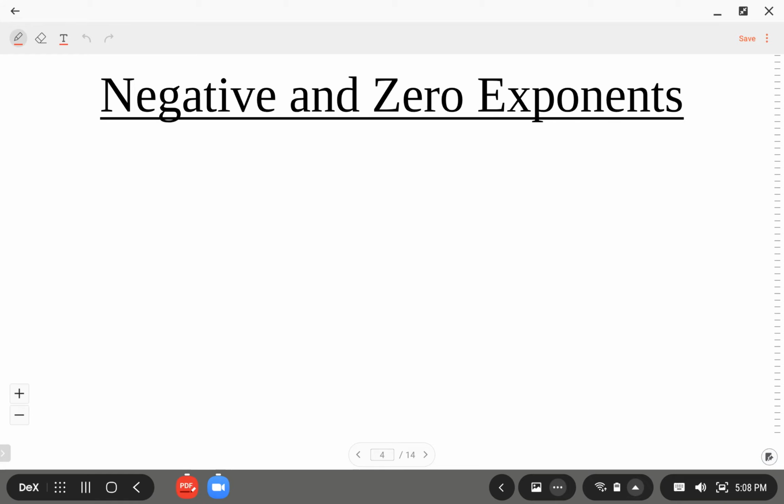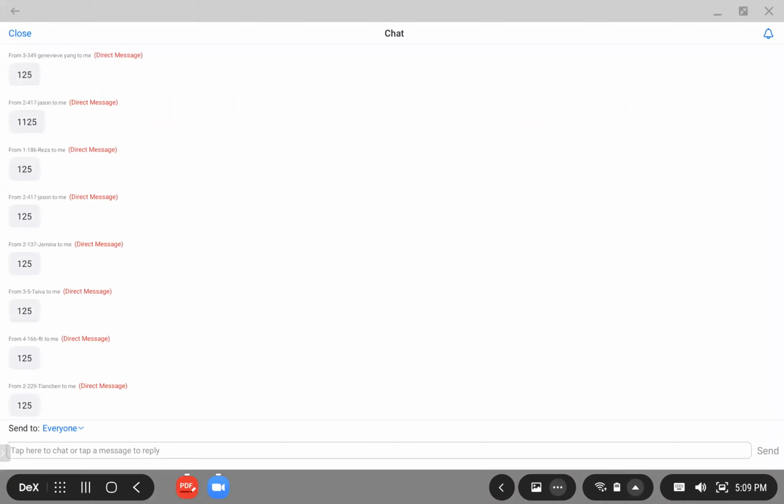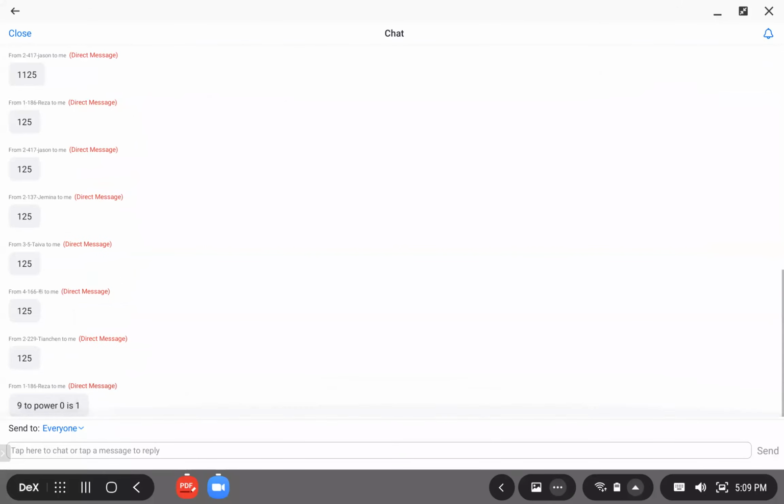Then we can actually go on to scientific notation and rational exponents. So can anybody explain negative and zero exponents? If no one knows, then I'll have to review it. I taught you this in our last class, so hopefully some of you will know what a negative exponent is. Okay, I'll give you a moment.